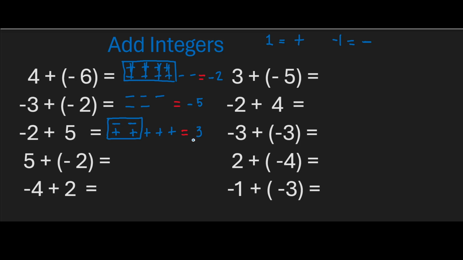Okay, the next one. Now I have +5. I'm going to write 1, 2, 3, 4, and 5. And to this, I'm going to be adding 2 negatives.